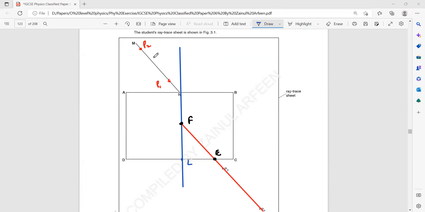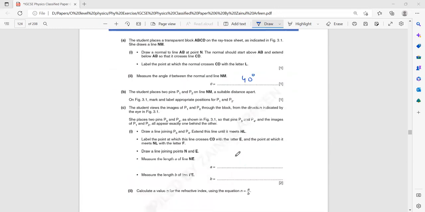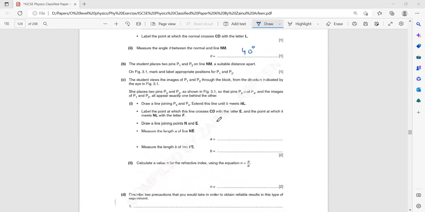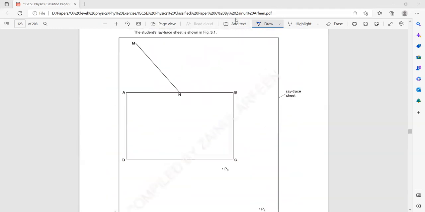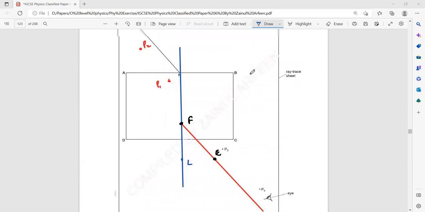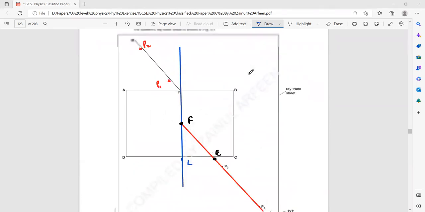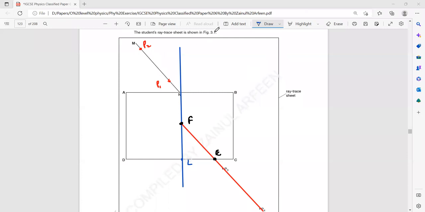As they mention in the question, you have to measure the length NE and FE. So from N to E, this length you have to measure. You don't have to draw a line, but you have to measure the distance from N to E.